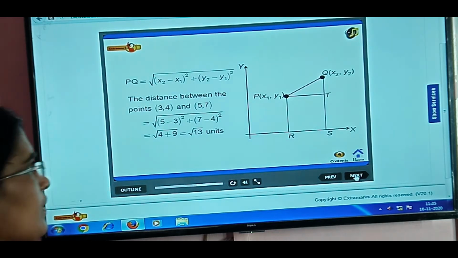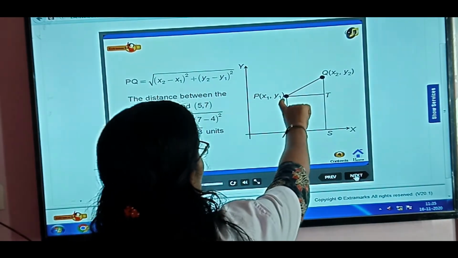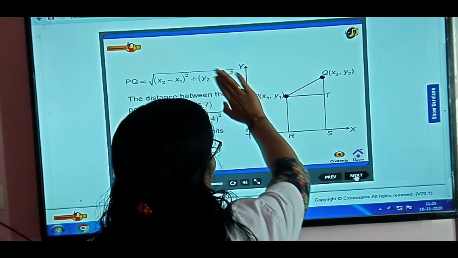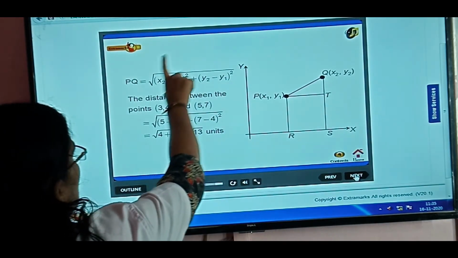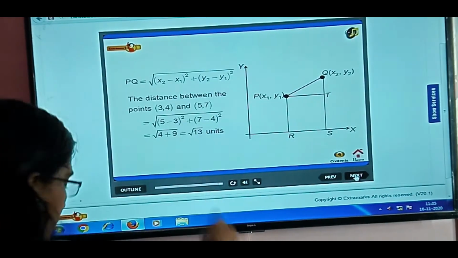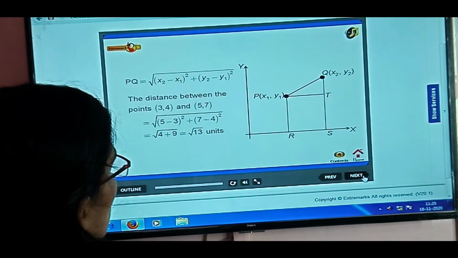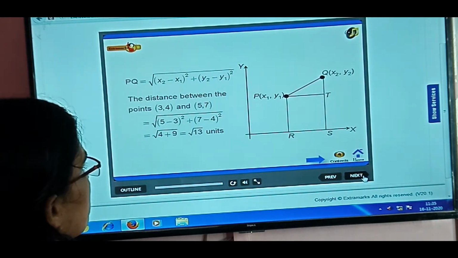Dear children, you have studied the distance formula, how to find the distance between any 2 points P, Q. P is a point, Q is a point in a Cartesian plane. This formula is familiar to you. The distance formula is the root of x2 minus x1 the whole square plus y2 minus y1 the whole square.